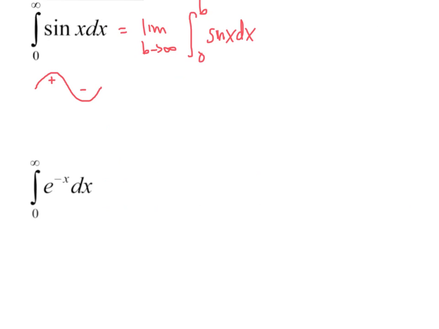So the antiderivative is negative cosine, evaluated at b and 0. Plug in b, plug in 0.